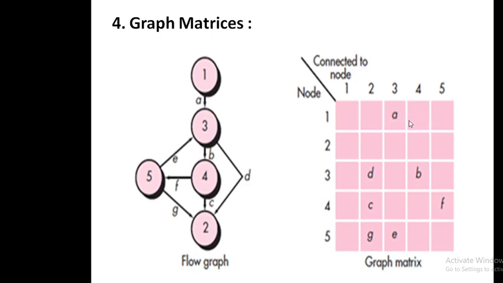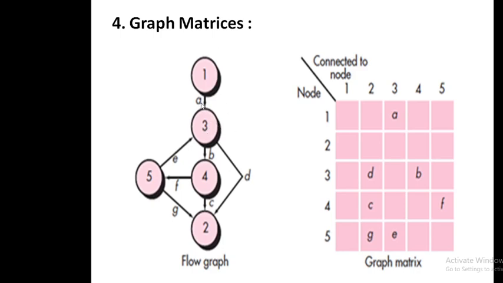How can we fill this? Just come to the point. A is the weight which flows from node 1 to node 3. So from node 1 to node 3, the data it carries is A. This A we want to fill in the matrix. How we fill it: the starting node acts as the row and the ending node acts as the column.